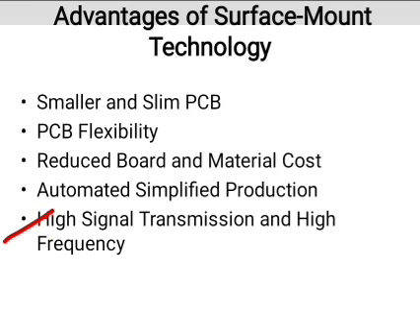Next is high signal transmission and high frequency. The SMT PCB assembly can support high density, mainly on double-sided and multi-layer PCBs. Because of shorter delay, these boards are capable of high speed signal transmission.